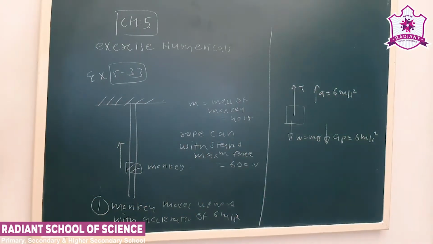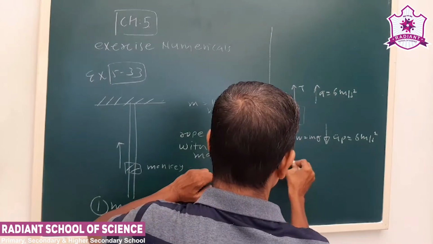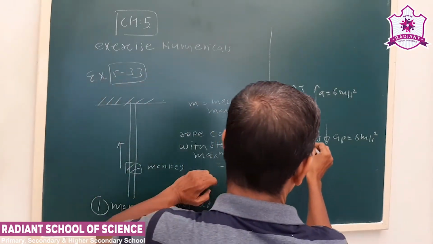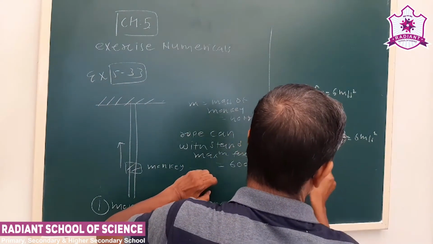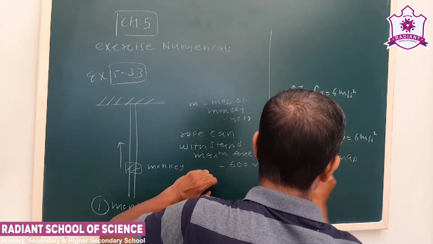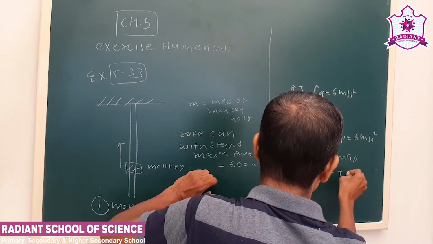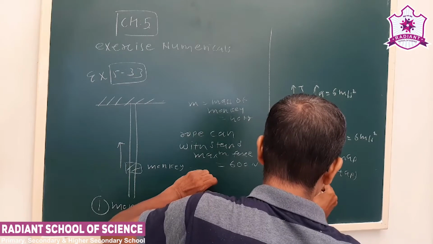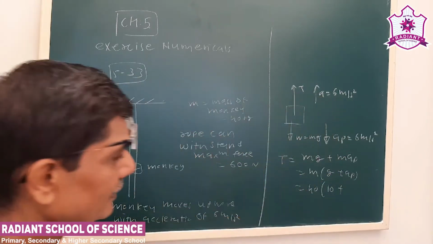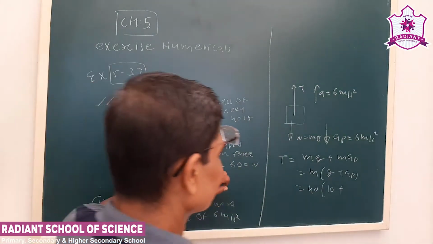So the tension is mg plus m into AP, m into g plus AP. Mass is given 40, g we can take as 10 for easy calculation, AP is 6.